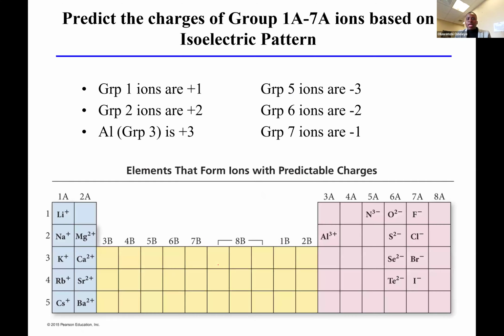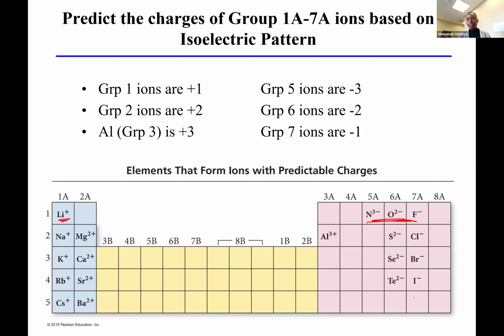Okay. In general, your group 1s, all the A's, are going to lose and gain from their outermost shell. So for example, this would lose from its outermost shell. These will gain to their outermost shell. The same holds true for all of these things, okay?